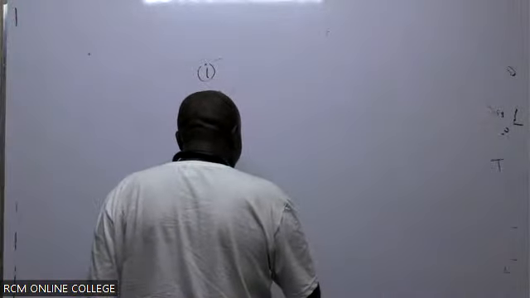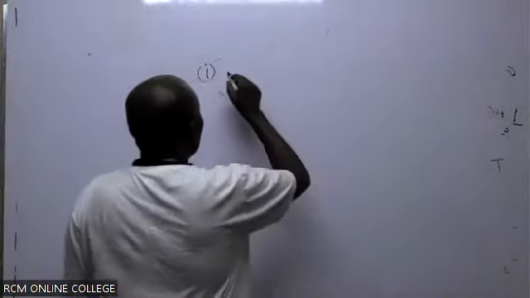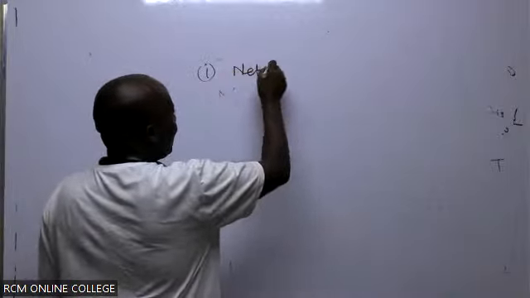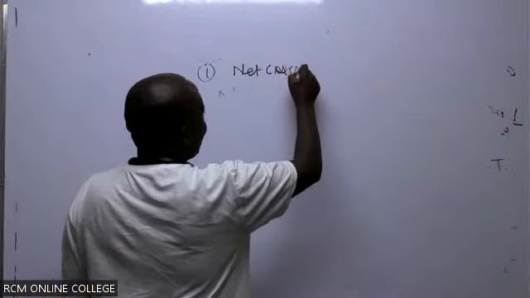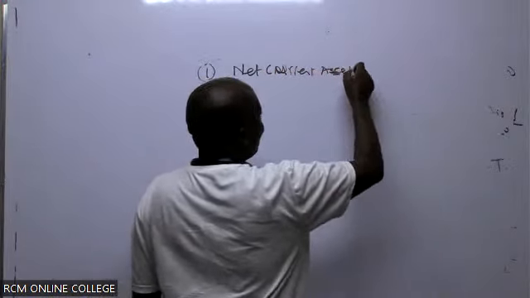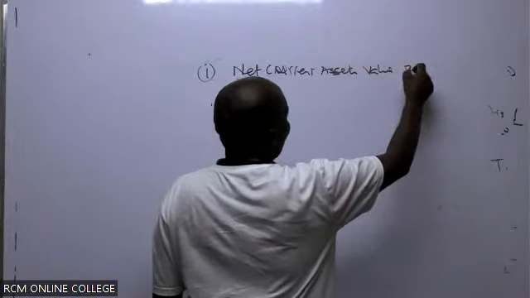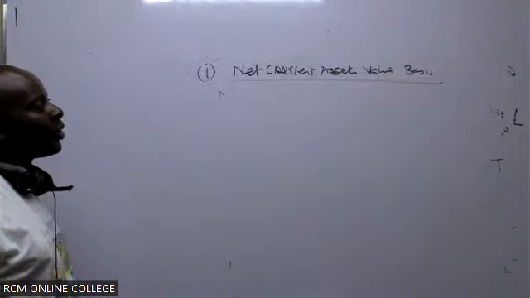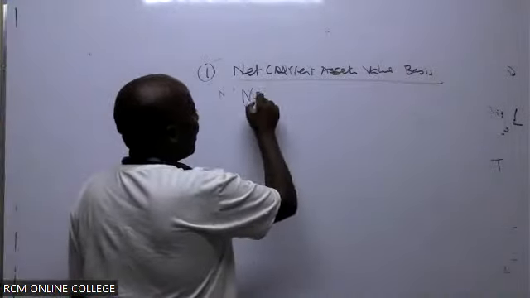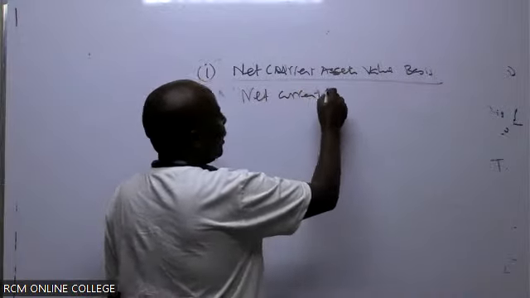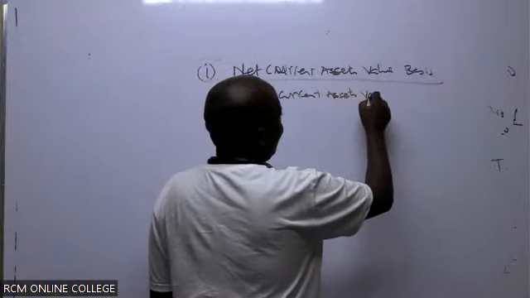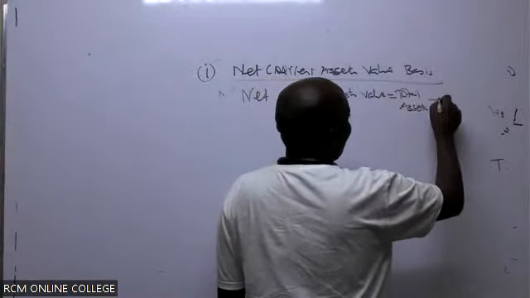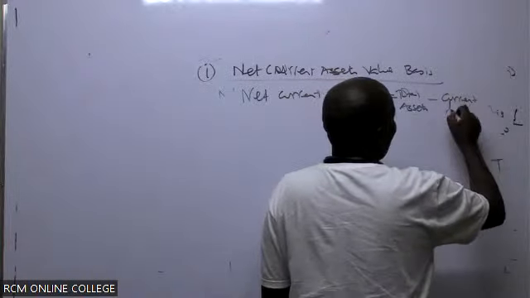The other one that he keeps on repeating, using this in the solutions, is what we call net current assets value basis. Net current assets value. So it is this net current assets value, where we take total assets minus current liabilities.